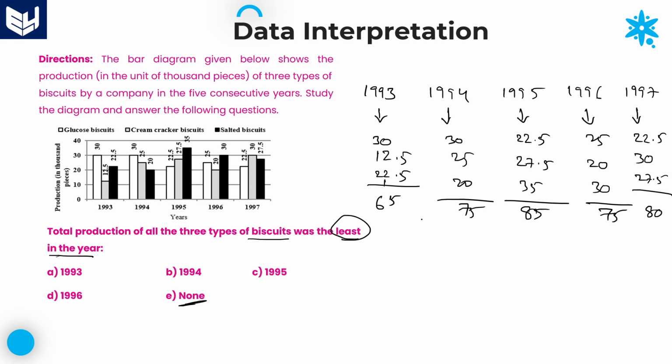Now we got the totals for 93, 94, 95, 96 and 97.